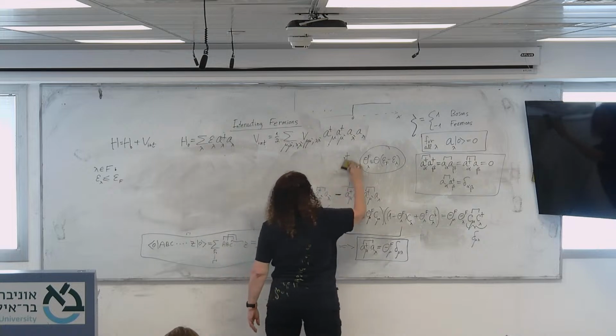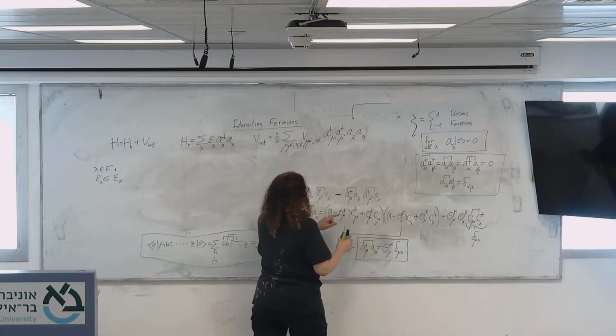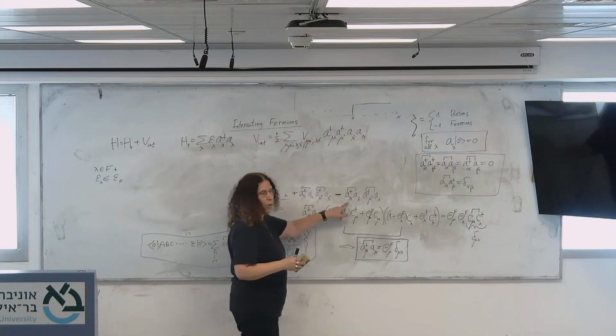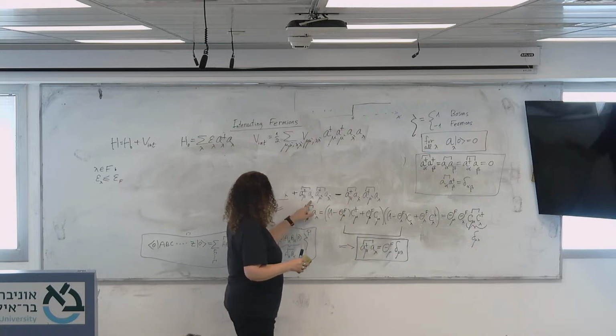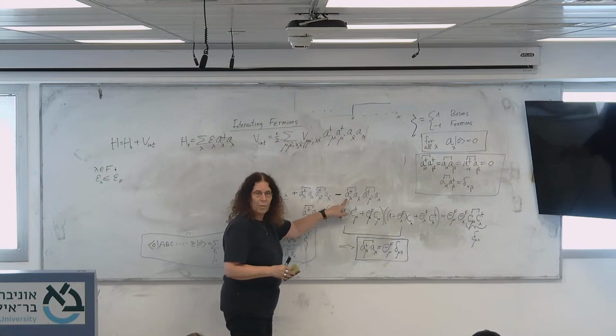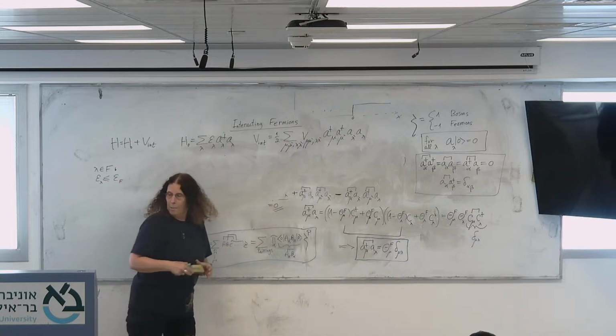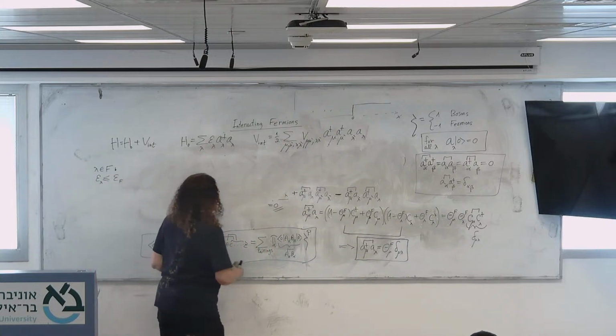And I want to emphasize that you have two terms here, okay? Two terms that will contribute. One is direct with a plus sign, the other is with a negative sign. Okay?